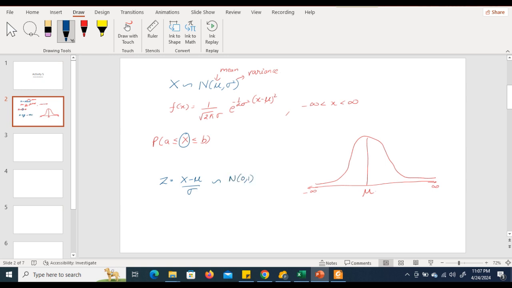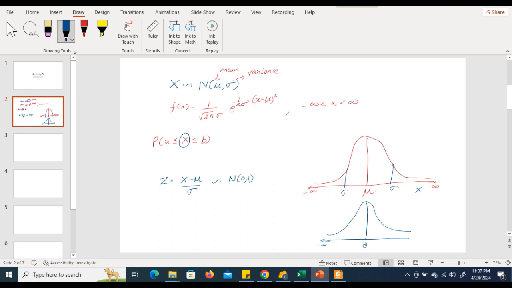So when we transform to the standard normal variate, if this is the curve of the normal distribution with mean mu and variance sigma square, where this part is sigma, then the standard normal variate also follows a normal distribution, which is symmetric about the origin.